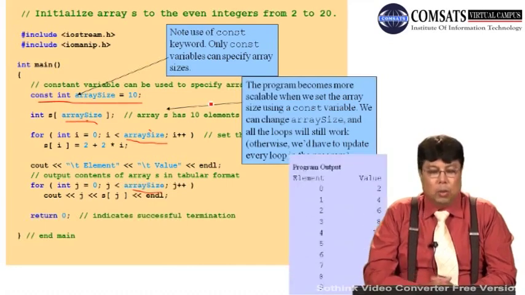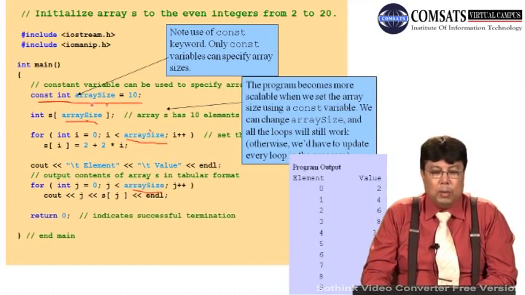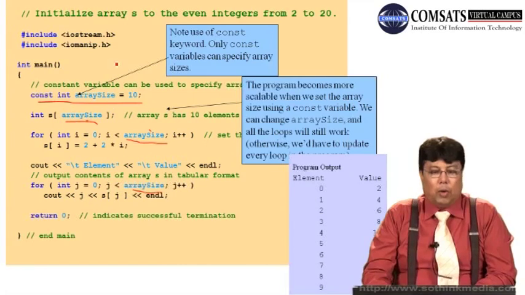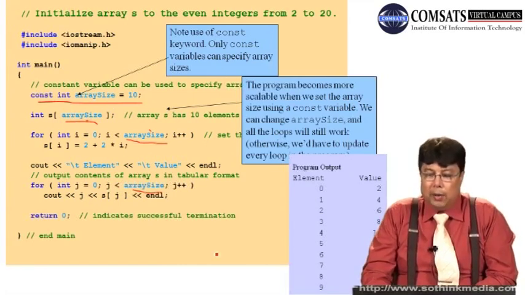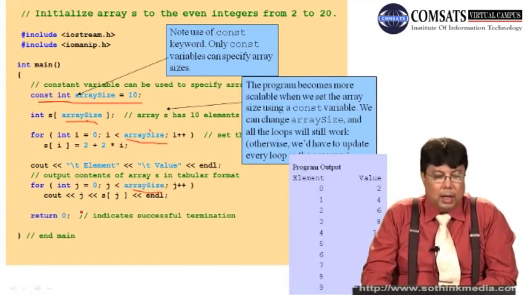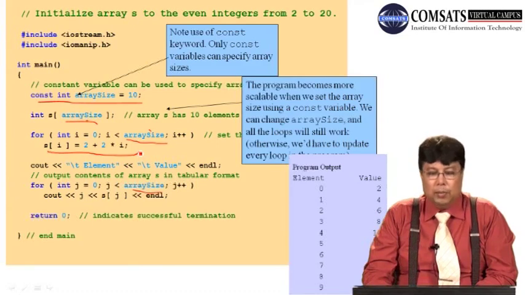Okay, so what should be the output of this program? We put the output values using this for loop, where s of i is equal to 2 times i plus 2.